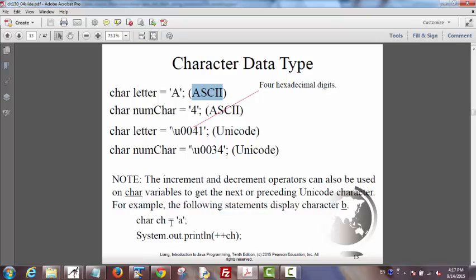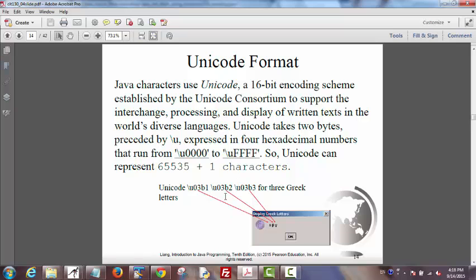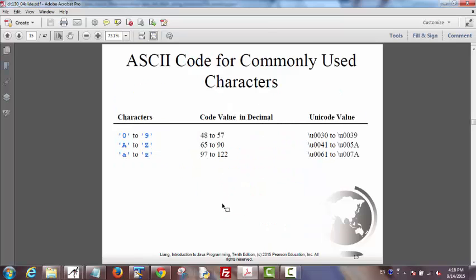So in this case, character A, and then you say plus 1, that's going to give you the letter B, because A plus 1 would be essentially the letter B, which is right after A. This is kind of neat because you can make some good simplifications just based on that. So Unicode format, we can ignore that. For the ASCII code, you don't really have to know any of these codes because Java is going to take care of it for you.